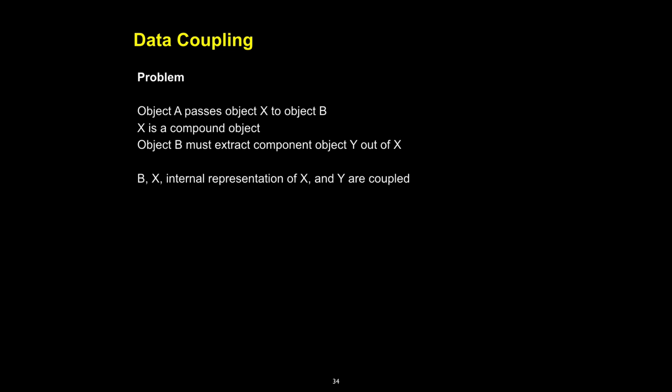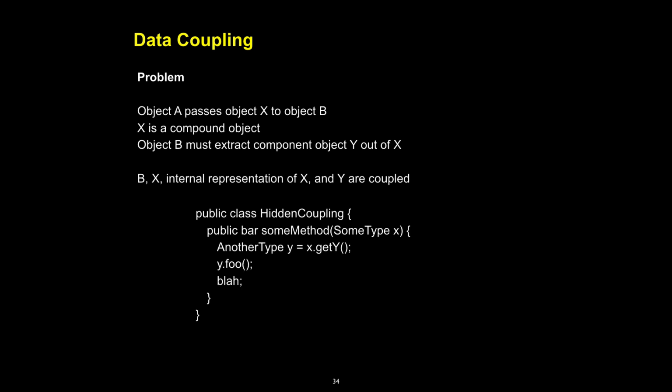I pass object X to B, and X contains sub-objects, and then B extracts a piece out of X, and now the problem is B is coupled to something inside of X. And what's even worse is that when we look at the public interface of hidden coupling, we see that some type is there, so we know they're tied together, but we don't see that another type is involved.